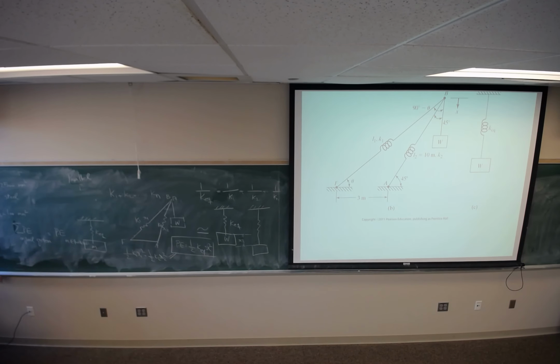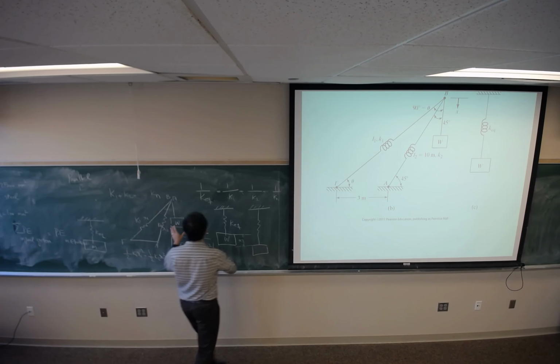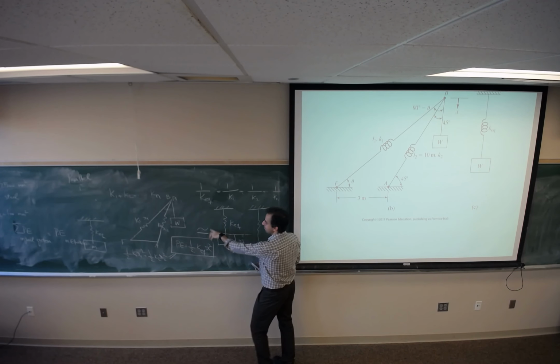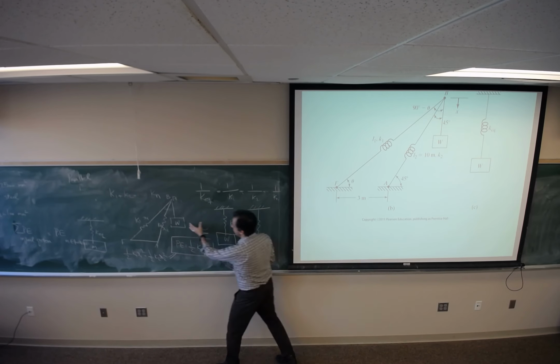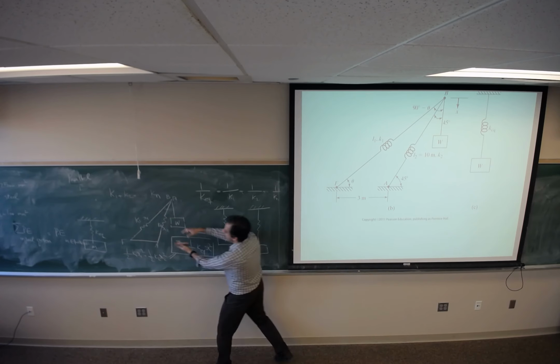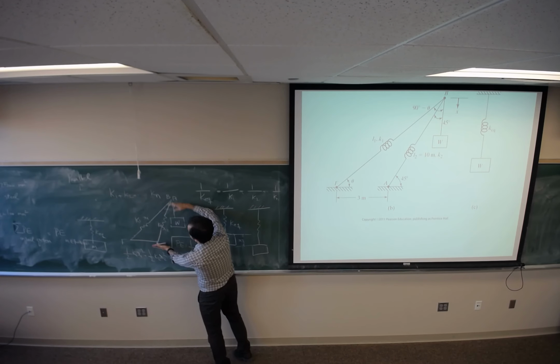Question on this? You're neglecting the potential for gravity? Not gravity. I just compared the equivalent mass spring system with the original one. I assume that when I add the weight to this, I'm going to make some compression on this system.